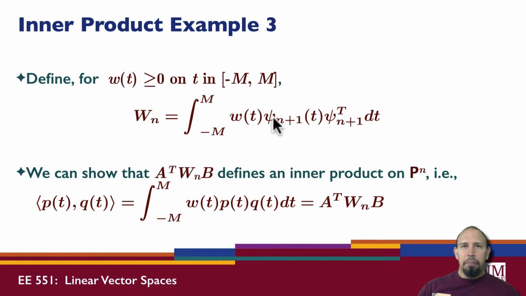Some people think it looks like a pitchfork, so they just call it pitchfork. Okay, so pitchfork of t transposed. So if you look at this, this is a row, this is a column, this is a scalar. When I multiply all this out, this becomes an n by n matrix. I'm sorry, n plus 1 by n plus 1 dimensional matrix.